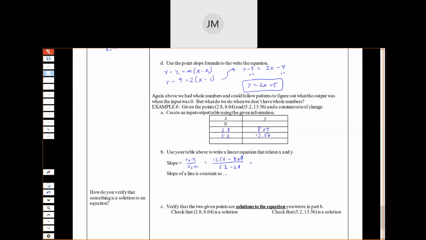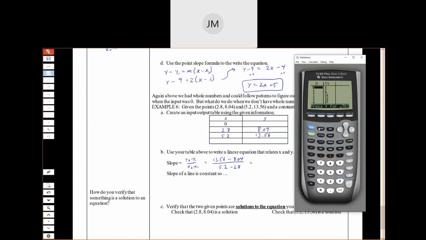So 13.56 minus 8.04 is 5.52. But you don't really have to even do that. You don't have to do this one step at a time. What I'm going to do is on my calculator, I'm just going to type that in. 13.56 minus 8.04. Put the numerator in parentheses, divided by, put the denominator in parentheses, 5.2 minus 2.8.